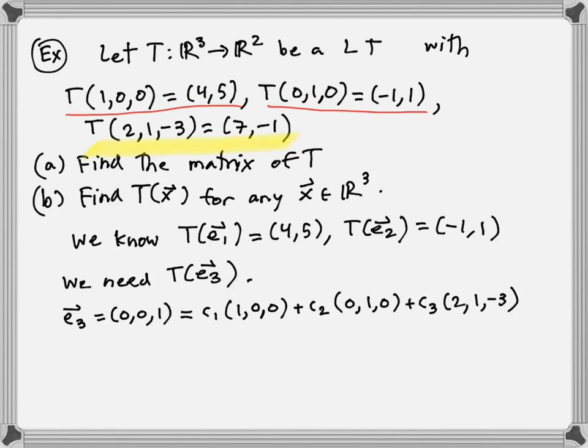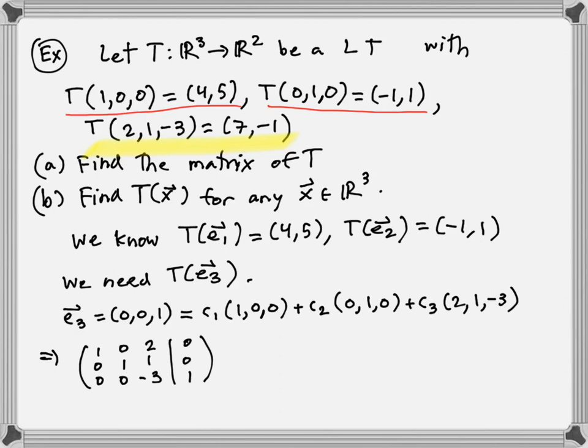So this is what we need to do. And actually, if we want to solve this system, this leads us to the following system: (1, 0, 0), (0, 1, 0), (2, 1, -3), and then (0, 0, 1). This is the system that we are trying to solve.